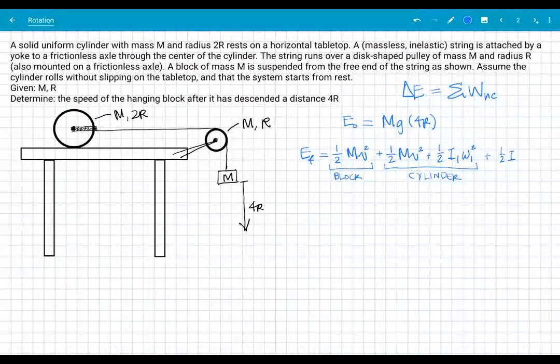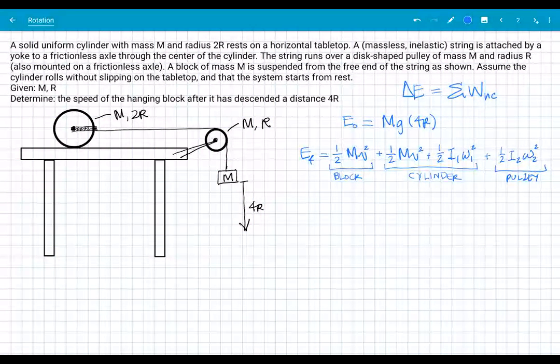I'm going to call the pulley's moment of inertia I2, and its angular speed omega2 squared. This represents the energy of the pulley after the block has descended through some distance d. So that's taking everything into consideration.